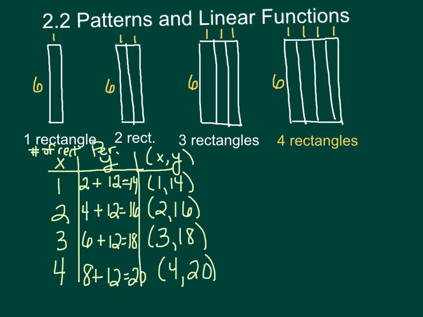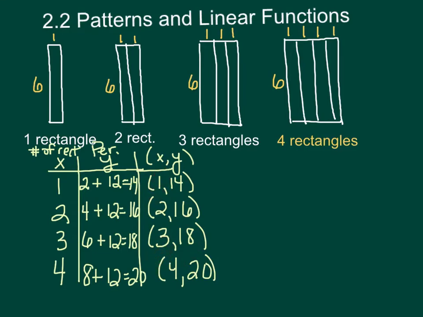We used x. Now remember, we have an independent and a dependent variable. The independent variable is the number of rectangles. That's your x. Because y changes depending on what x is. So y is the dependent variable. Y depends on the number of sides. The perimeter depends on how many sides or how many rectangles we have.